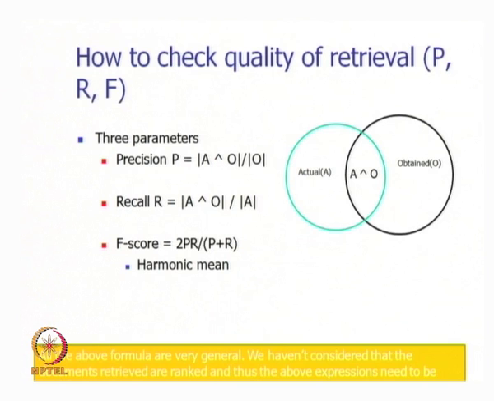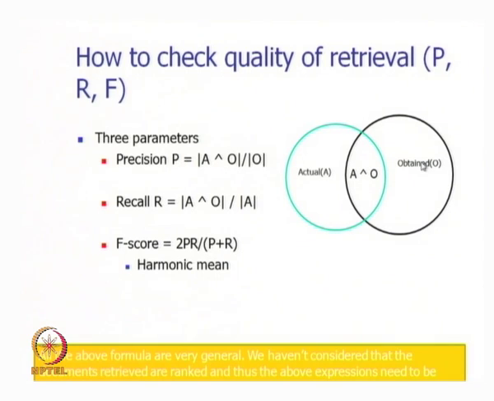We define them by means of sets, but this can be adapted to the list situation, where the documents which come from the web are formed into a list. Okay. So, the slide would show very precise definitions of precision, recall and F score. Look at these two circles. So, here is this actual set of things denoted by the symbol A, and what we have obtained is a set of things.